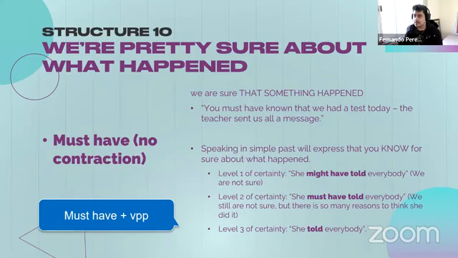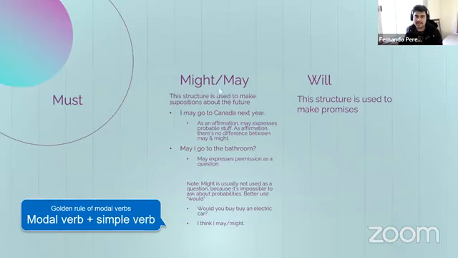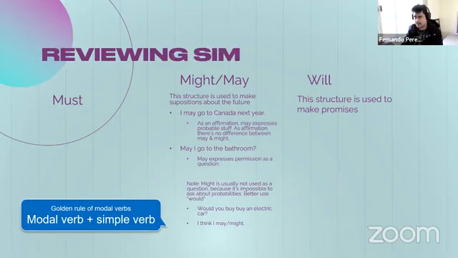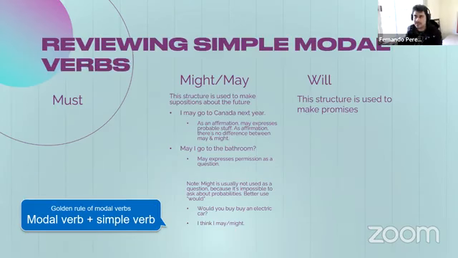Very good. Okay, so there you have it, guys. This is the structure for must have. Contrast must have, and that's the reason I contrasted must with may, right? Because when we are reviewing simple modal verbs, we need to get to know that must is used for two applications.